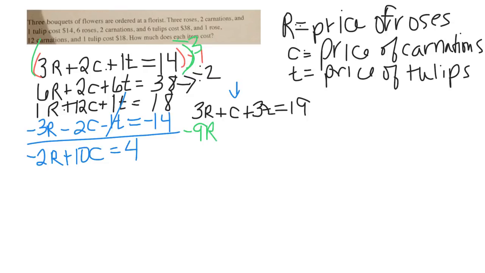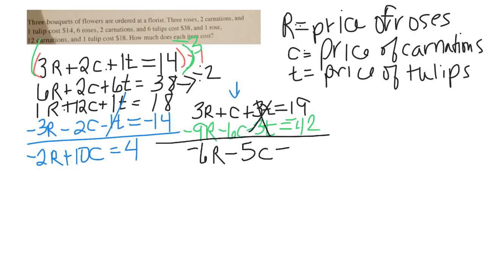Negative 3 times 2c is negative 6c. And negative 3 times 1t is negative 3t. And that equals negative 3 times 14, which is negative 42. And then I'm going to add those together, and my t's eliminate again. I get negative 6r minus 5c equals, and negative 42 plus 19, that's negative 23.